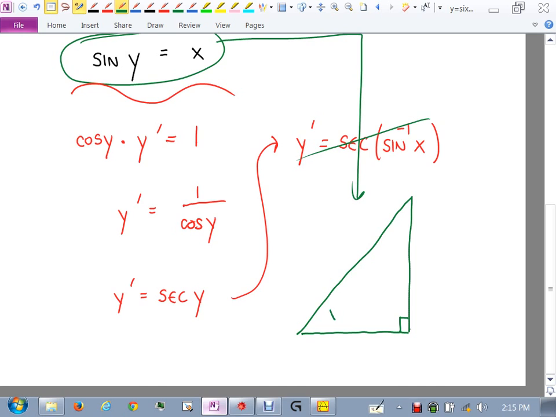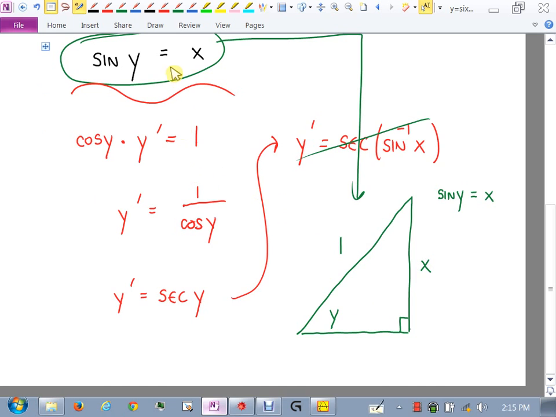If I call that angle y, and I call this side over here x, and I call this side over here 1, then tell me, if you will please, what is sine of y? X over 1, right? Or x? Because sine of an angle is always the opposite over the hypotenuse.